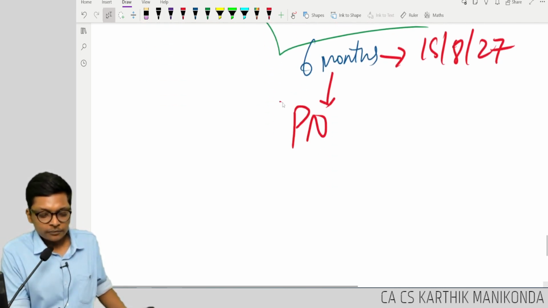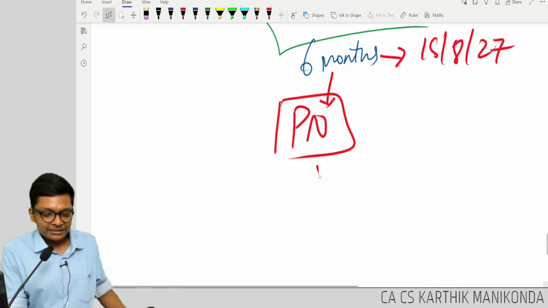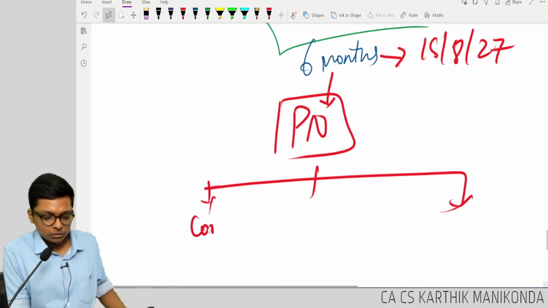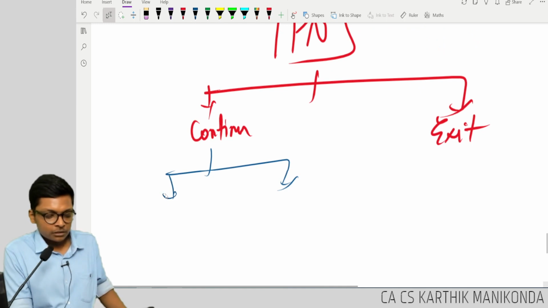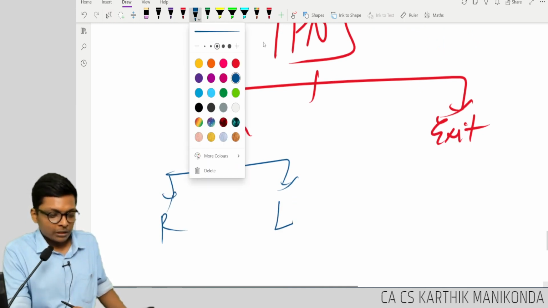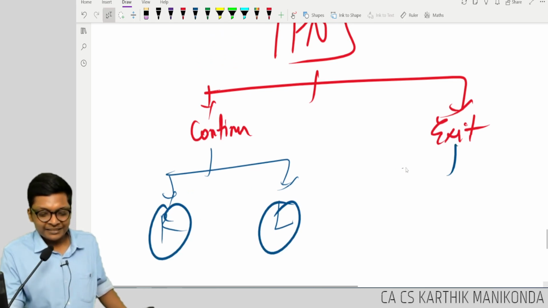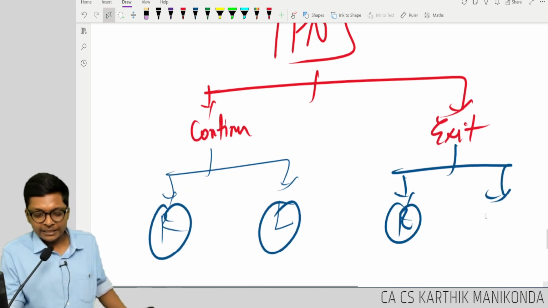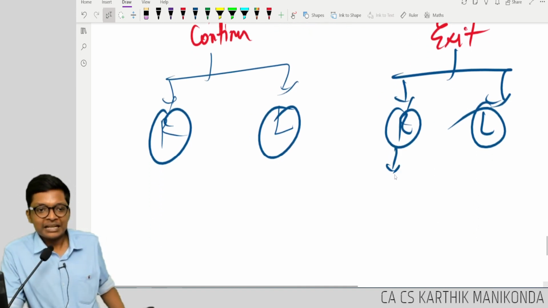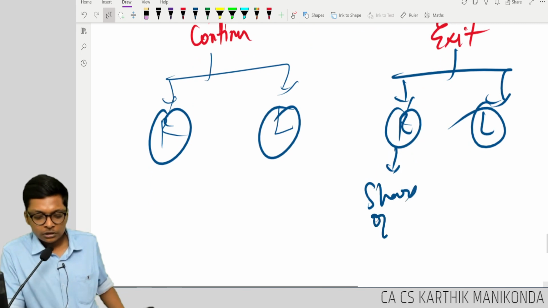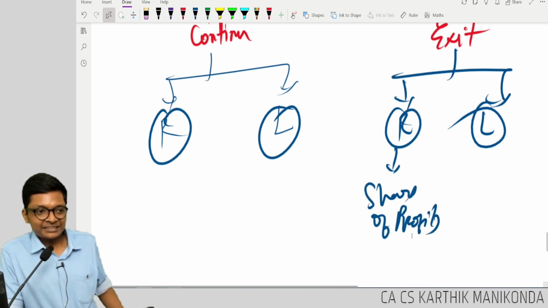You need to give a public notice whether you want to continue or exit. If you continue, you again have rights and liabilities. If I decide to exit, what are my rights and liabilities? If I decide to exit, it's simple. I have the right to receive a share of profits till the date of my exit.